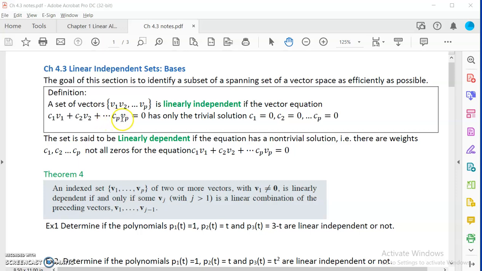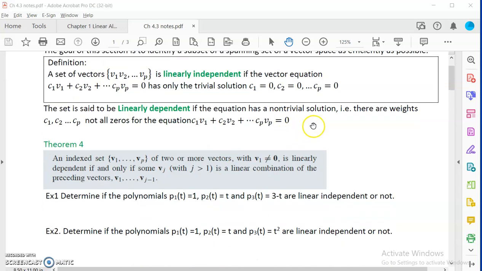In Rn, we say if the only way we can solve this vector equation is the trivial solution, then they are linear independent, right? So it's the same thing. And then the set will be dependent if the equation has a non-trivial solution. That means you can find some linear combination of them equal to 0 with weights not all 0.